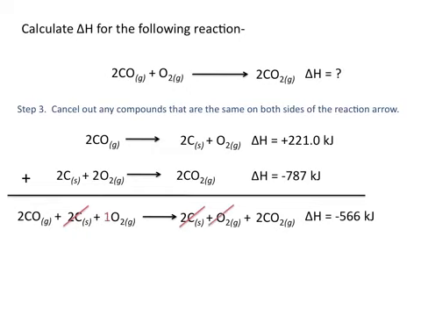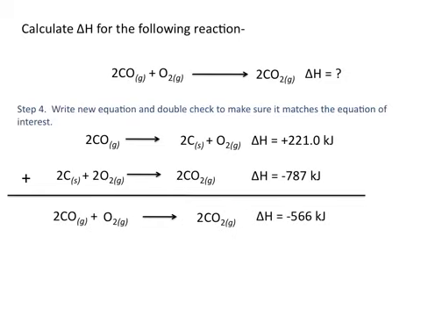And I can also cancel out the 1 mole of O2 on the product side with 1 mole of O2 on the reactant side, leaving me with the final equation 2CO plus O2 goes to 2CO2. And the last thing you need to do is to double check that this equation matches your equation of interest. And in this case it does. So the delta H value for 2CO plus O2 goes to 2CO2 is negative 566 kilojoules per mole.